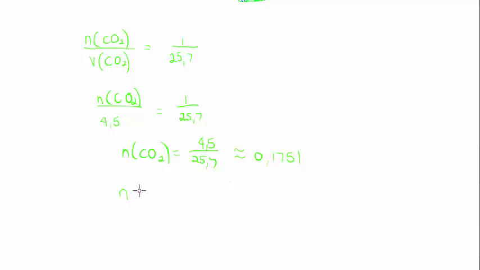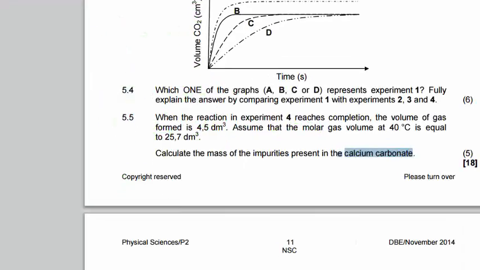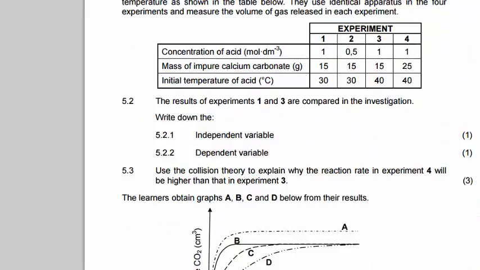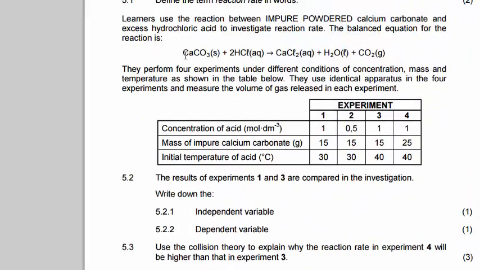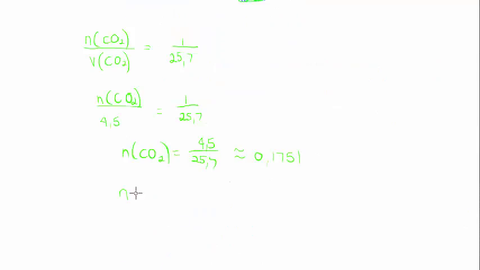I'm given the information about carbon dioxide, but I want to know about calcium carbonate, which means, where is the relationship? The relationship exists in the formula. And this is now where I need to use moles. Now I use my moles and the ratio given in the formula. What is the one I want? I want the moles of calcium carbonate.